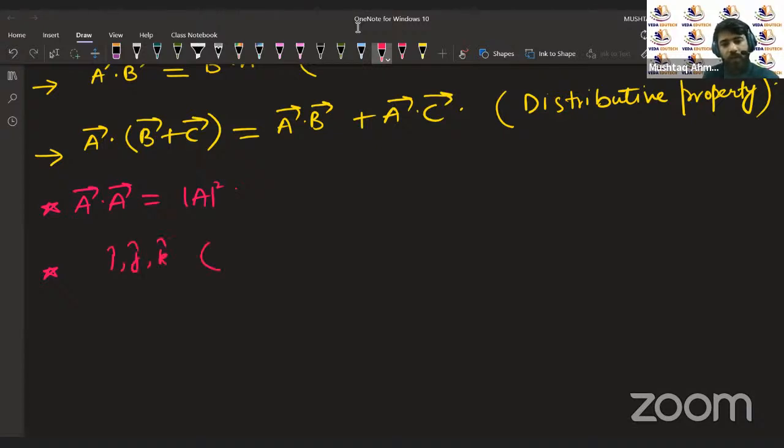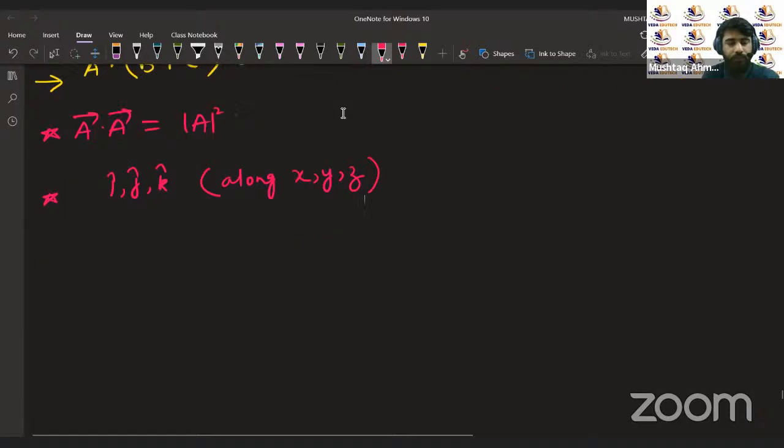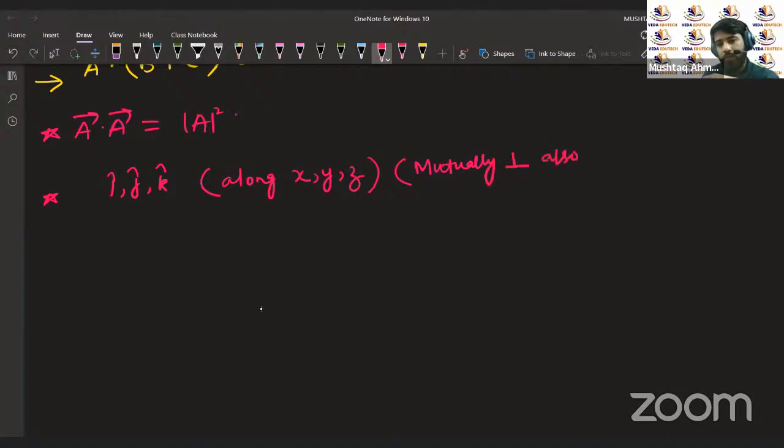These are the rectangular bases along the x, y, and z directions. They are mutually perpendicular also.